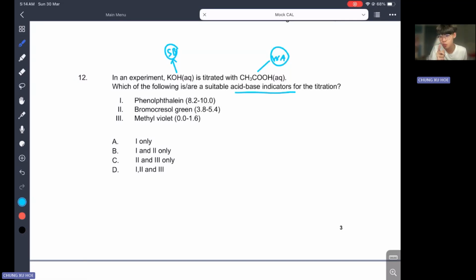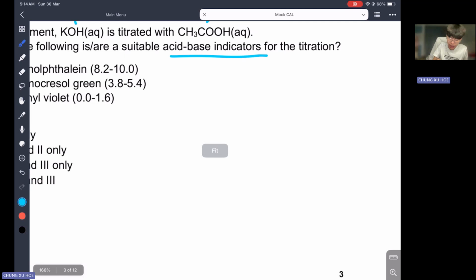So this is where you really need to remember the range for strong acid and strong base, strong acid and weak base, strong base and weak acid. So I will tell you everything here.